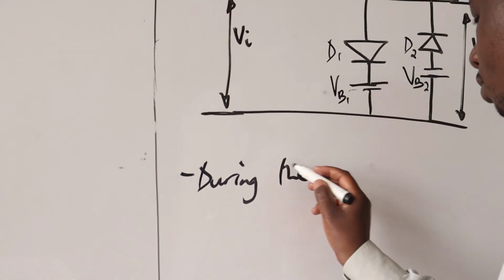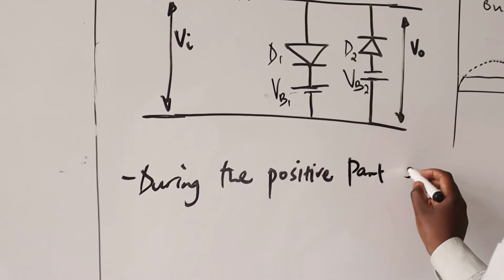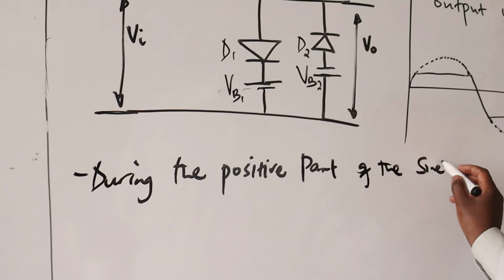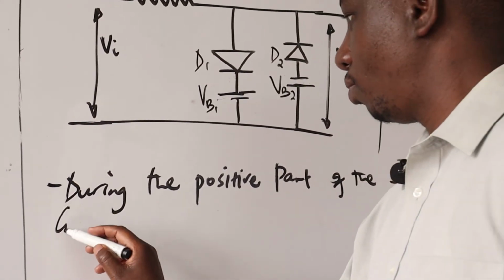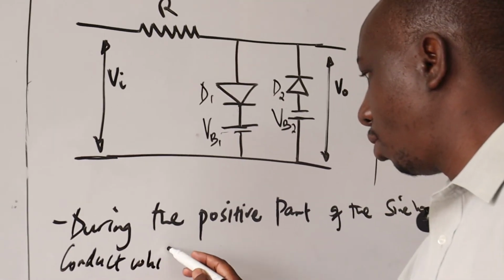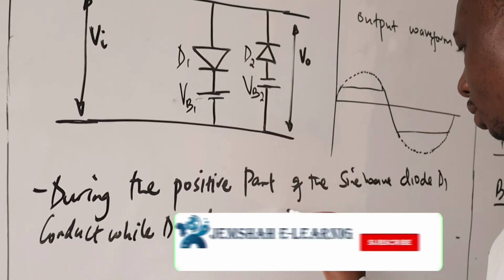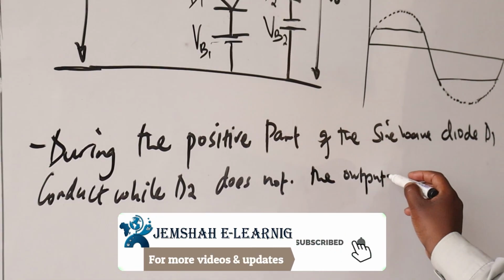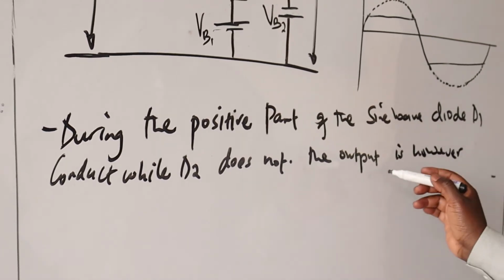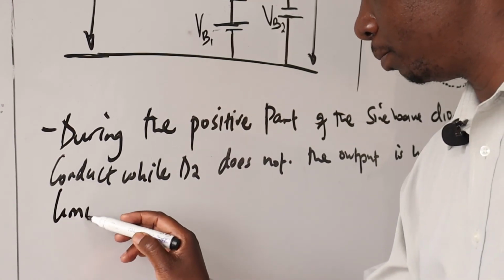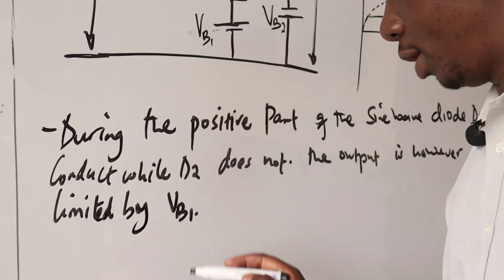So during the positive part of the sine wave, diode D1 conducts while D2 does not. The output is, however, limited by VB1.